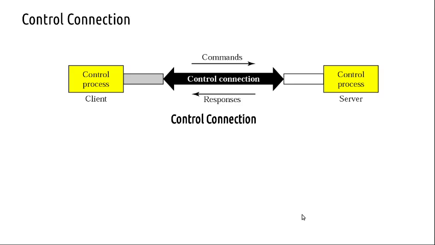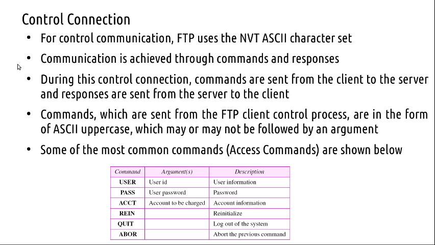Alright. Again, the control connection is basically the client server model. Requests go as commands, and there are responses. For the control connection, it uses the NVT ASCII character set, and you see some of these commands are in uppercase, which may or may not have an argument.